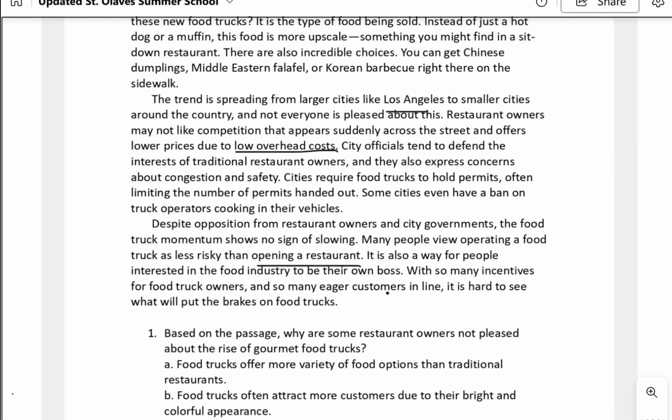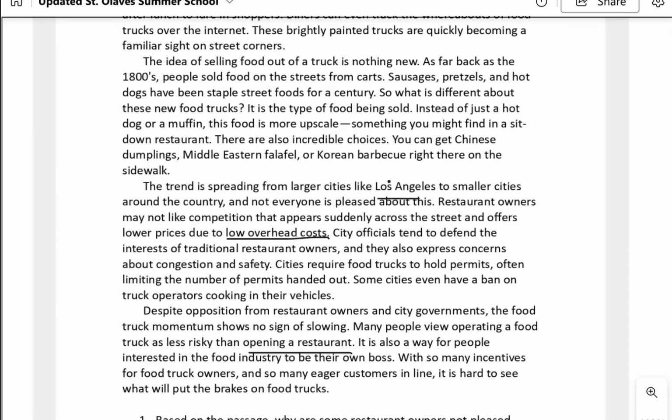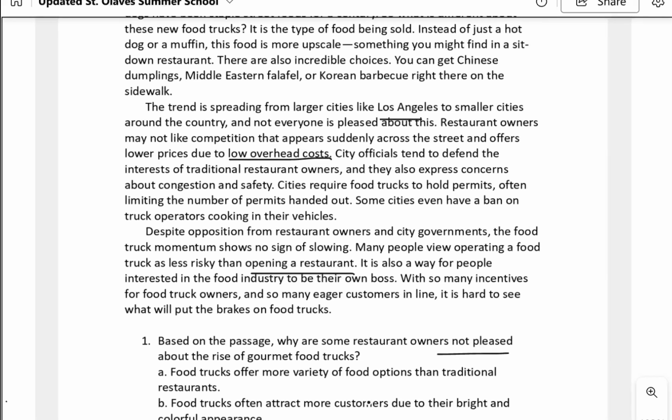So for question number 1, we're talking about why restaurant owners are not pleased about the rise of gourmet food trucks. So it's not talking about how food trucks offer more variety, because they do offer a lot of variety just on the sidewalk, but we need to talk about restaurant owners. Let's find restaurant owners in the text.